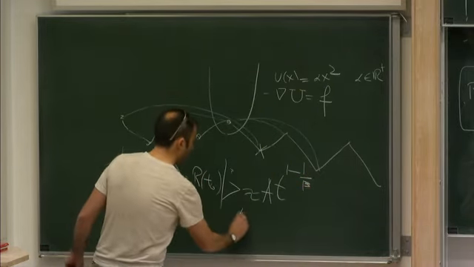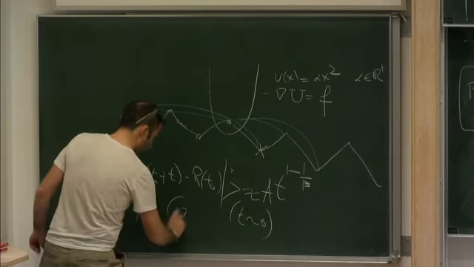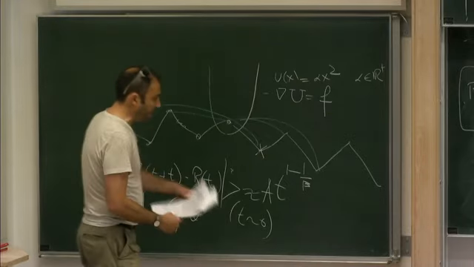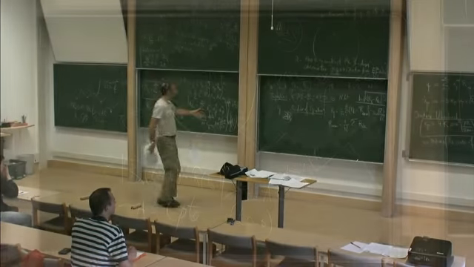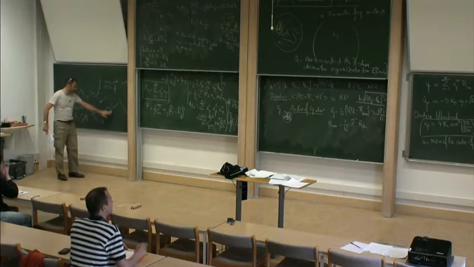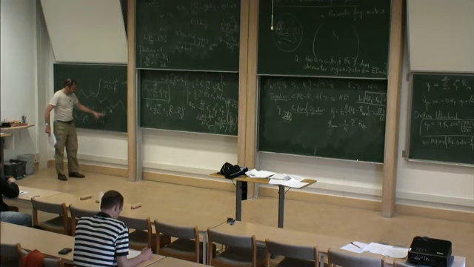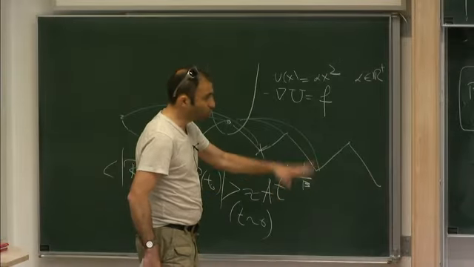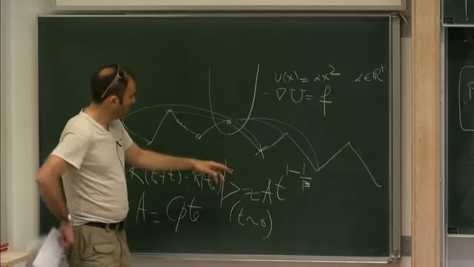For T small, A is a constant, and the beta here is the same. So we're interested in when this quantity is positive and less than 1. Basically, I'm giving the conclusion before we have proved this.